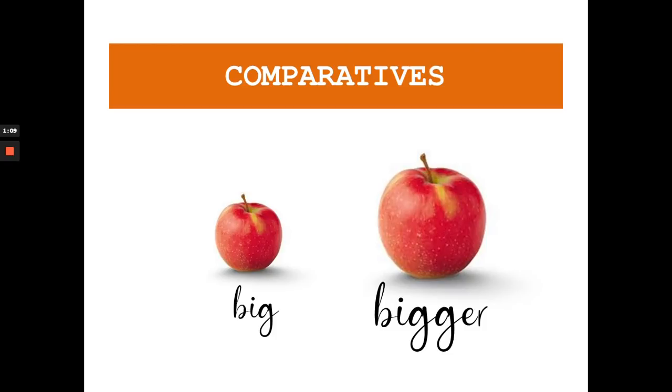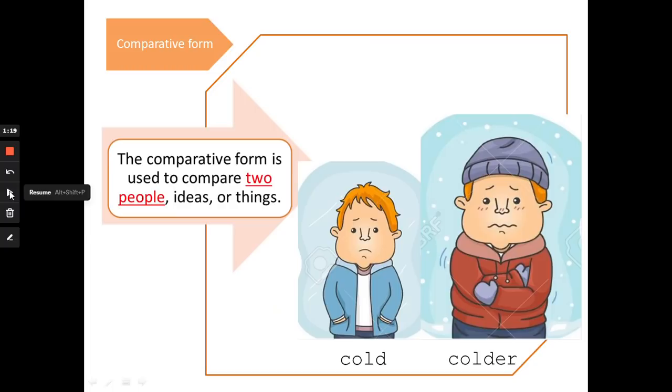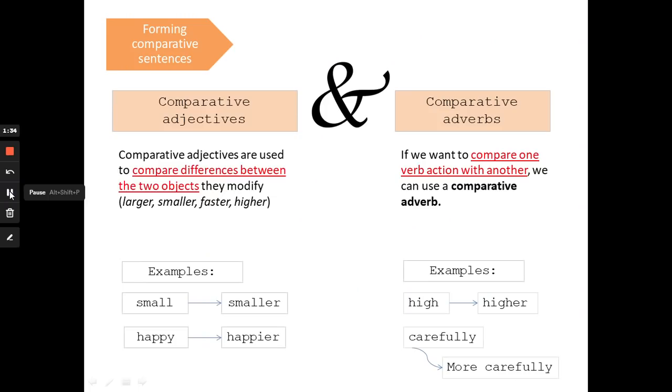It shows comparison between the two apples, so you know that your apple is bigger than your friend's. As mentioned before, the comparative form is used to compare two people, ideas or things. Right? Let's move on to the next slide for more information about the comparative form.